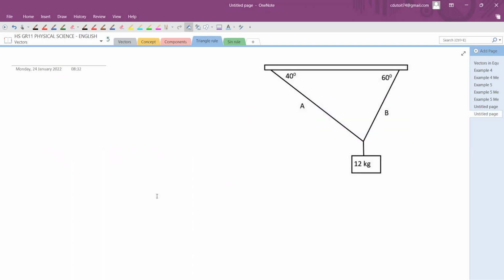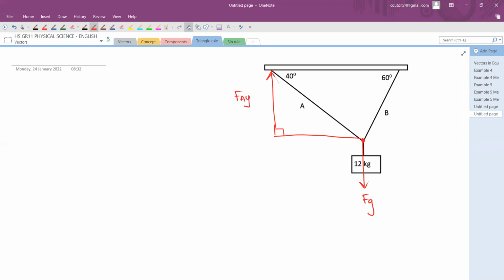Now, the component method reasons as follows. Very careful. You must give attention now. There's a downward force here called Fg. Okay, you know about that. And there's two forces countering that. There's a y component pulling up here. Let's call it the force A y component.